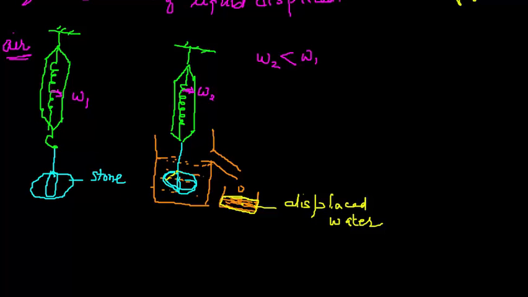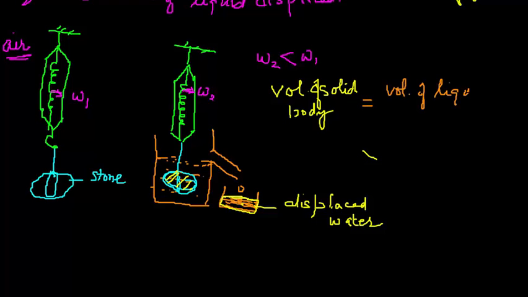Whatever is the volume of the stone, the same should be the volume of the water. Make sense? So the volume of the immersed solid body is the same as the volume of the liquid displaced. The two are equal.